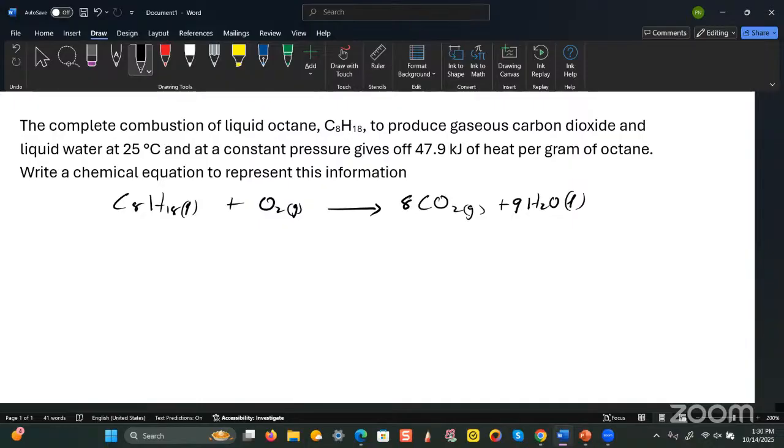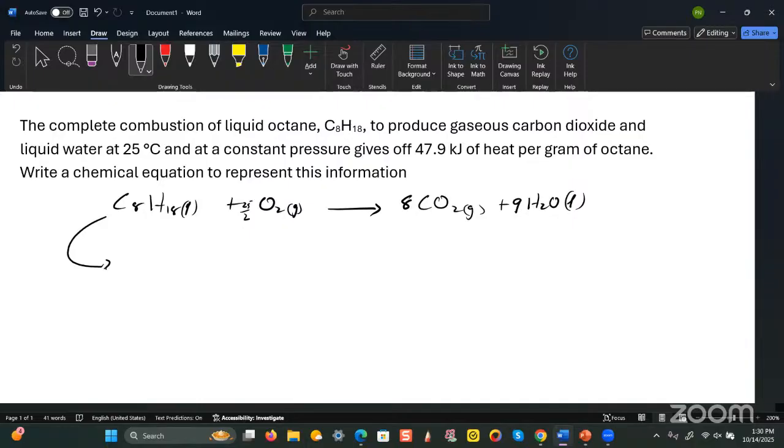So what fraction do you think we should use in order to balance oxygen? Now, where would we put it? 25 over 2, exactly. 25 over 2, because 25 over 2 times 2 gives you 25, which balances with the 25 on the right side. But we cannot leave this as it is.